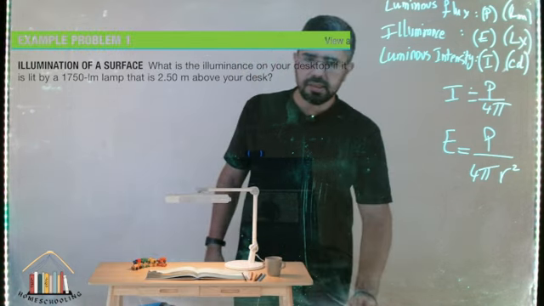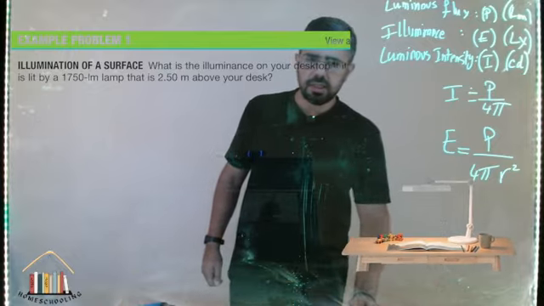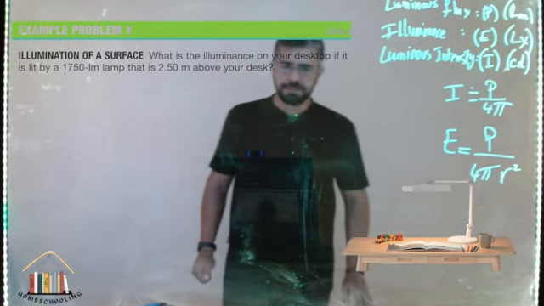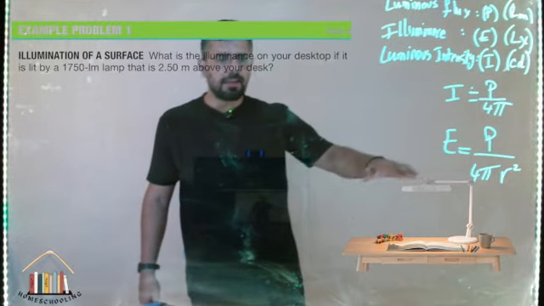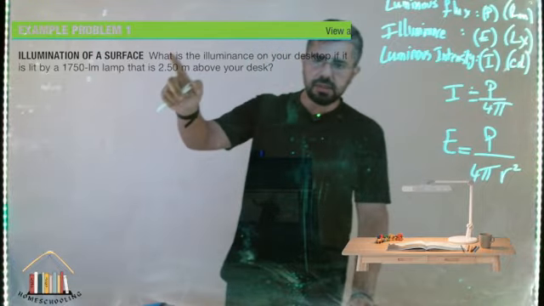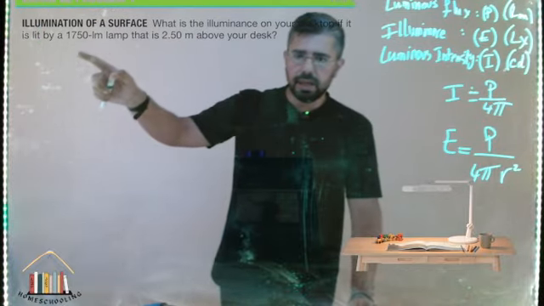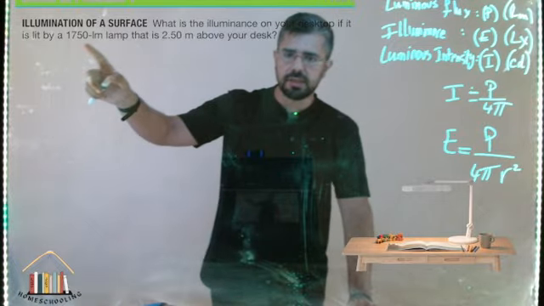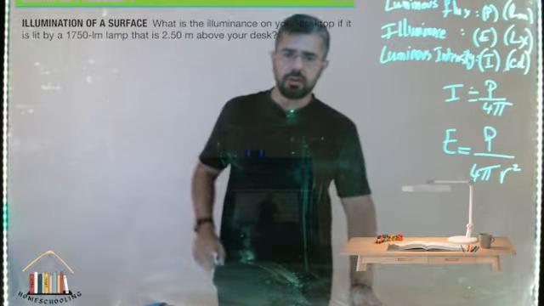Let's solve this. After discussing all these equations, let's try to solve this problem. All right, so we have a table lighted or attached with a light. What is the illuminance on your desktop if it is lit by a 1750 lumens lamp, and it is 2.5 meters from your desk?